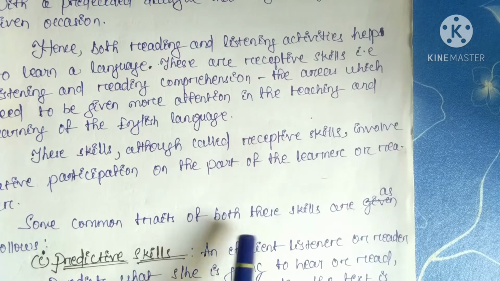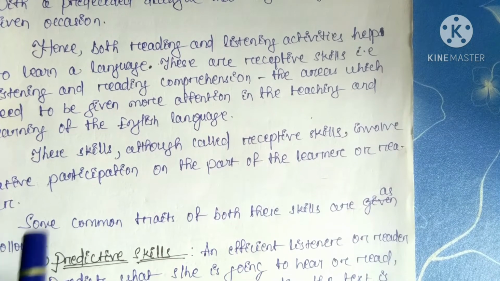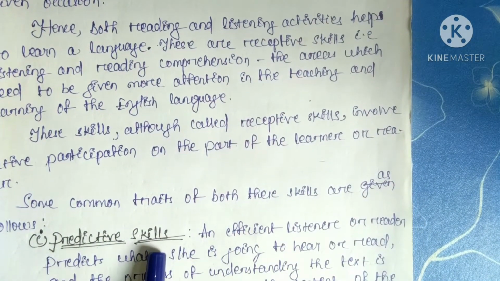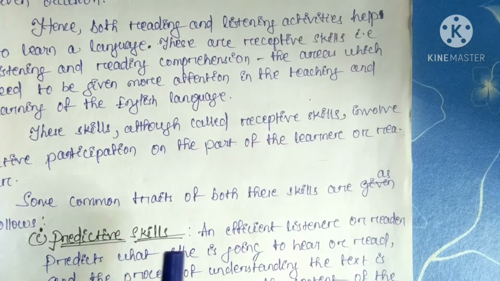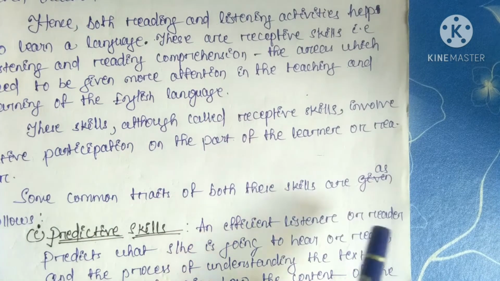Some common traits of both these skills are as follows. So what are the similarities between reading and listening? The first one is predictive skills. In both reading and listening, predictive skills are involved.